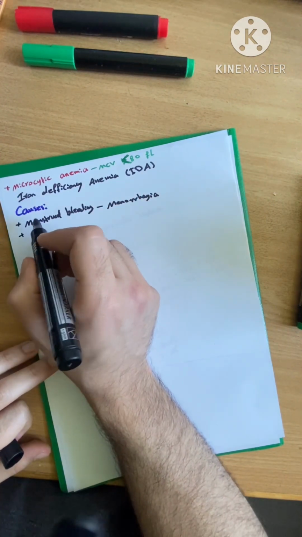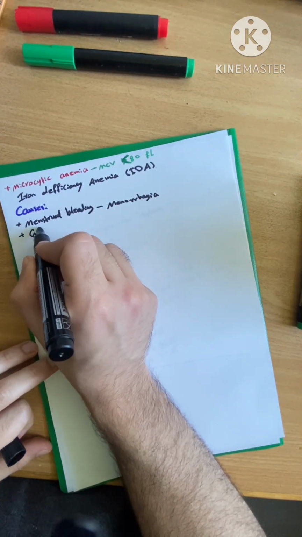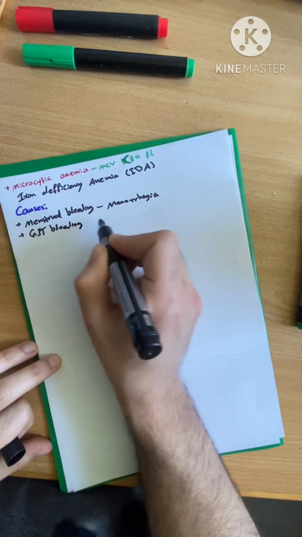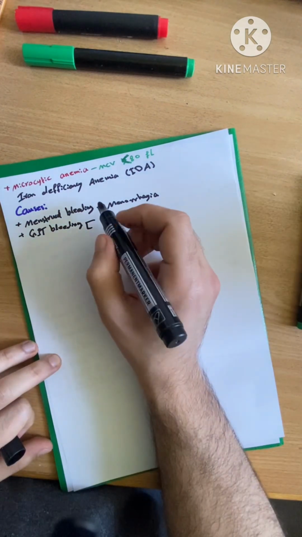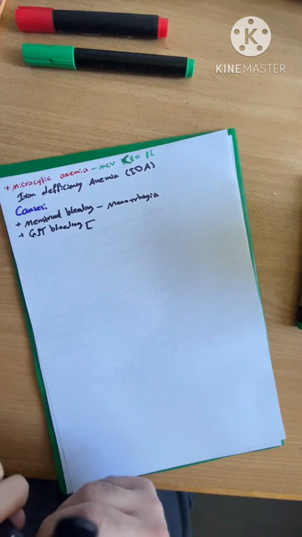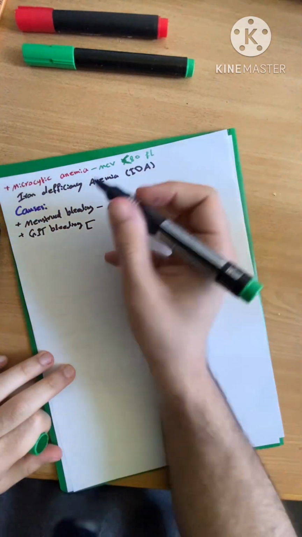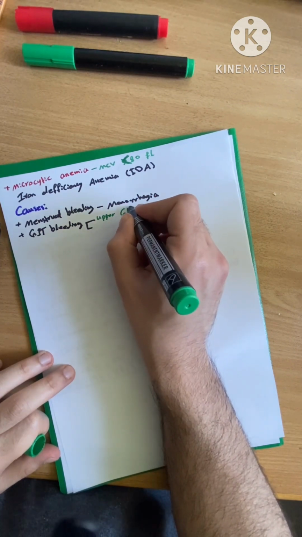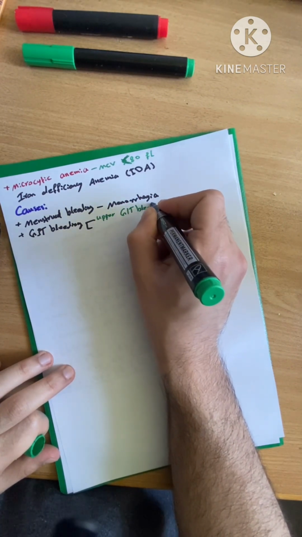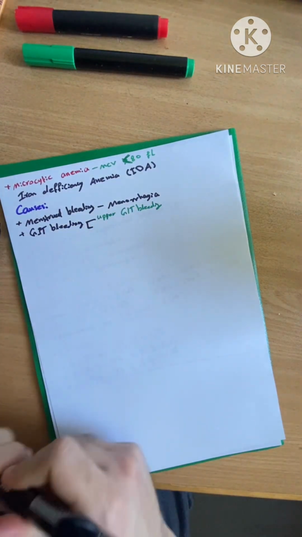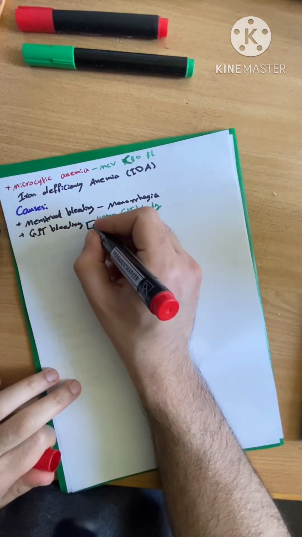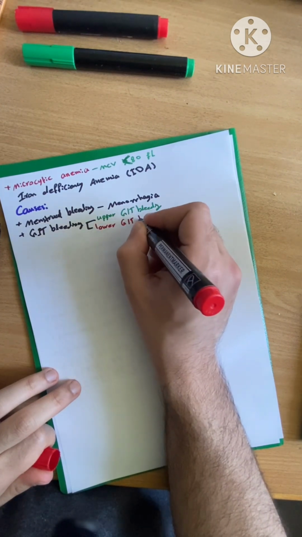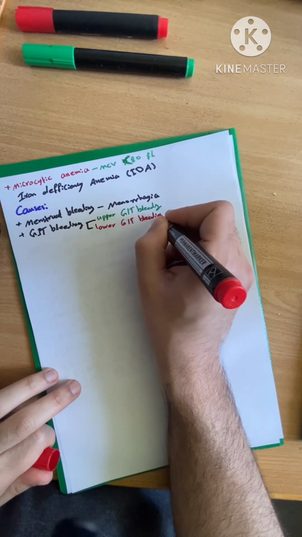We can say also GIT bleeding, which will be two types: upper GIT bleeding and lower GIT bleeding.